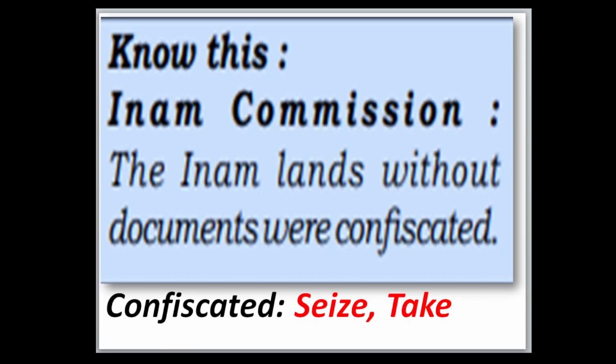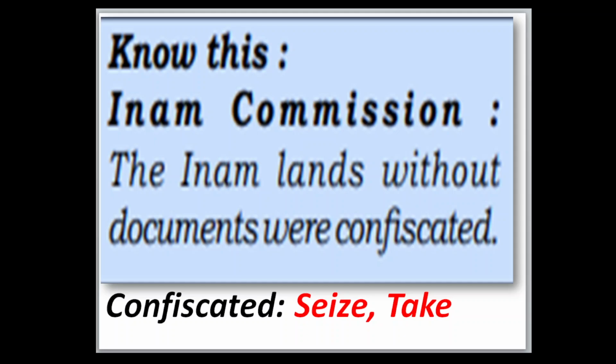Inam Commission means that Inam lands without documents were confiscated. Confiscated means seized or taken by the British, because Indians didn't have the practice of keeping documents. The inams were given by the Mughal emperors in the time of the Mughals, without documents.